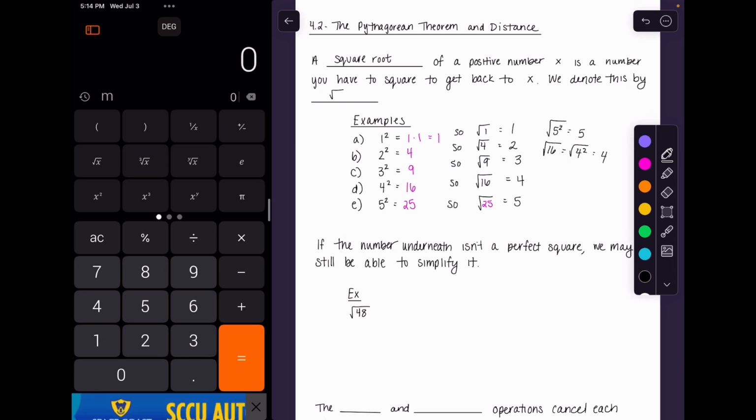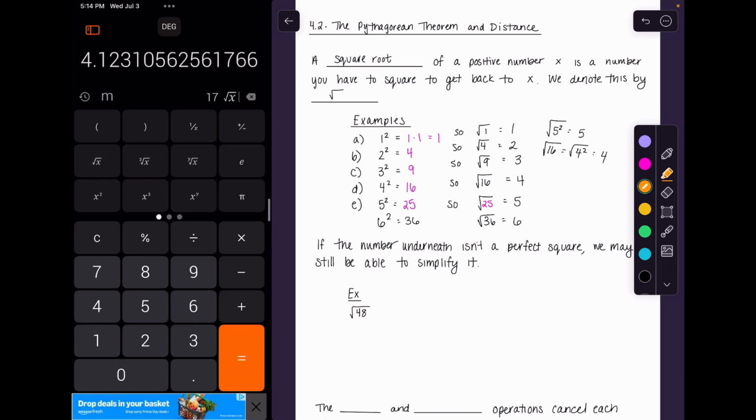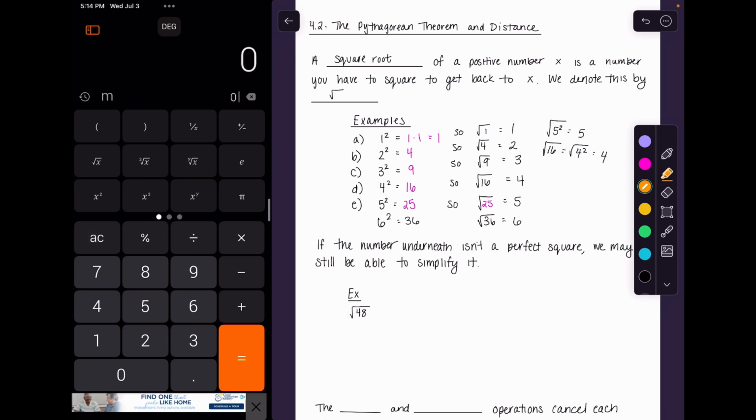Okay. My next one would be 6 squared is 36, so the square root of 36 is going to be 6. The problem is you can look at the jumps in here. All of those numbers in between aren't going to be nice. If I try to take the square root of 17, no number times itself will give me exactly 17, so you get a decimal approximation instead.